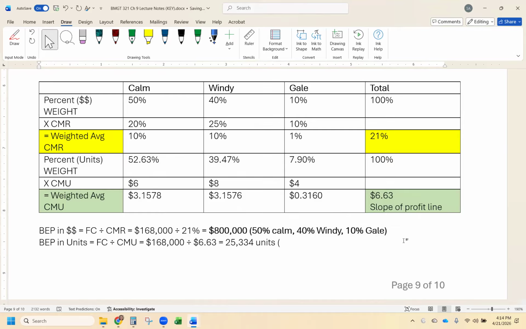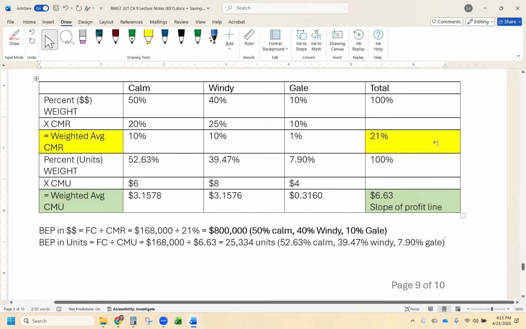And that is 52.63% calm and 39.47% windy and 7.90% gale. And when I did the graph, it said 25,339. So that's probably a better number than 25,334.